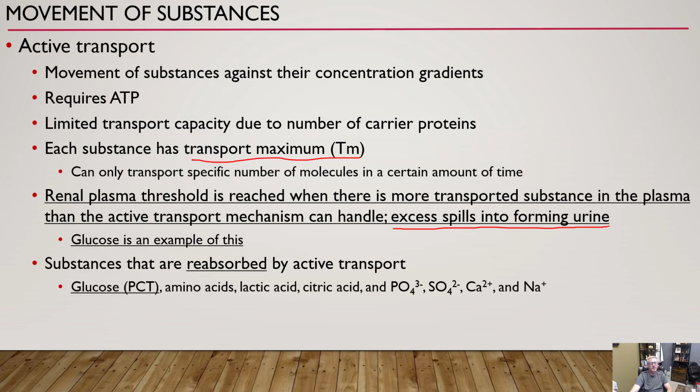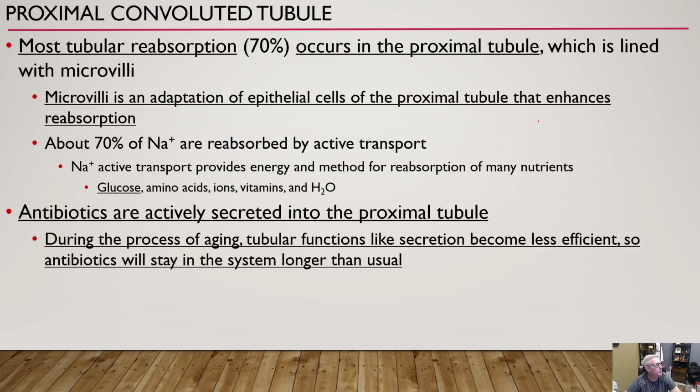So substances that are reabsorbed by active transport, glucose is going to be in the proximal convoluted tubule, amino acids, lactic acid, citric acid, phosphorus, sodium, calcium, and sodium. All right, in the proximal convoluted tubule, remember that 70% of tubular reabsorption occurs in the proximal tubule, and that's lined with microvilli.